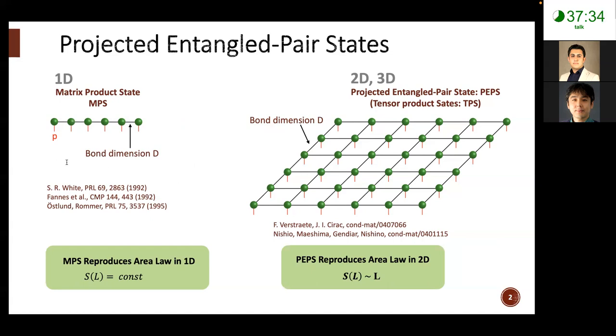One of the famous examples of tensor networks in one dimension is the matrix product state, and in 2 and 3 dimensions, the tensor network ansatz is called PEPS, or tensor product states. Here you see 2 examples of tensor networks, one in 1D and one in 2D, which is the 2D PEPS. The black legs are the virtual degrees of freedom, which carry the entanglement, and the red legs are the physical degrees of freedom.